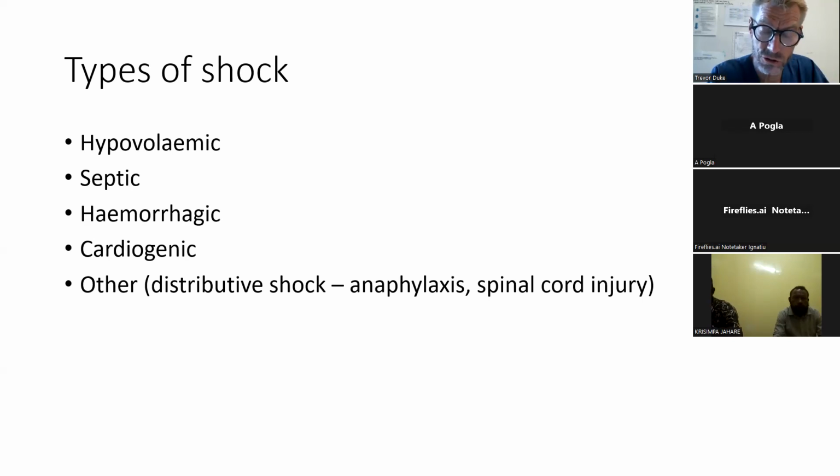And then you can take a history and then you can try to differentiate the shock. Is it hypovolemic shock? Is it septic shock? In the case of trauma, or sometimes in the case of some illnesses, it could be hemorrhagic shock. Or could it be the child's got cardiogenic shock? Their heart's failing because they've got rheumatic heart disease or congenital heart disease? Or do they have some other form of shock that's led to cold peripheries and weak pulses and prolonged capillary refill?